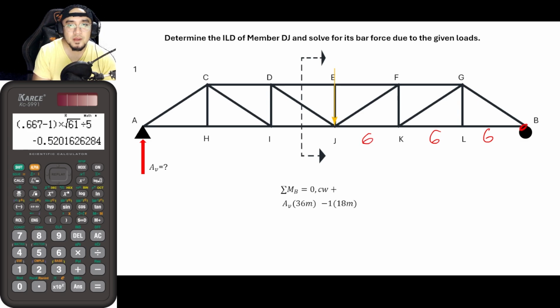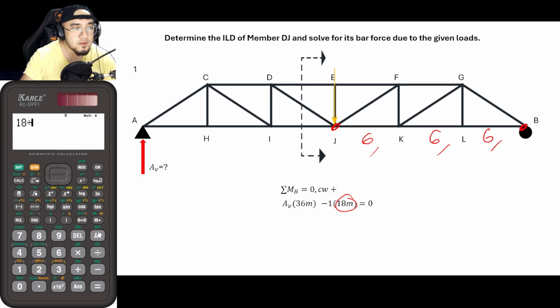So the distance from this point to this point, that is 3 sixes. So 3 times 6, that is 18, thus 18. Okay? So this is now equal to 0. Solving for AV, that is now equal to 18 divided by 36. That is 1 half. So 0.5. Okay, so AV is equal to 0.5.